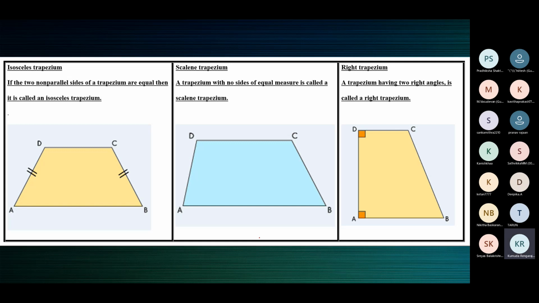So we have isosceles trapezium, scalene trapezium, and a right trapezium.